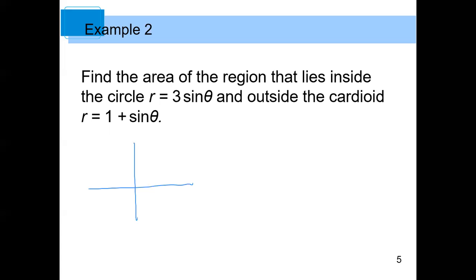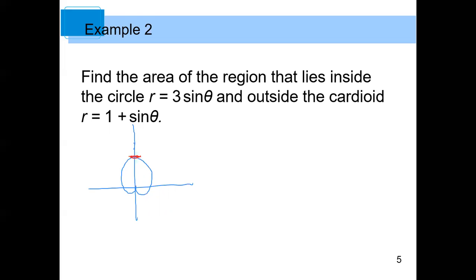You guys know what that looks like, don't you? The cardioid looks like this. We were messing with that yesterday, weren't we? And then the circle of radius 3, well, how high is this point where the point of the heart is? That would be at theta equal to pi over 2, so it'd be 1 plus sine of pi over 2.